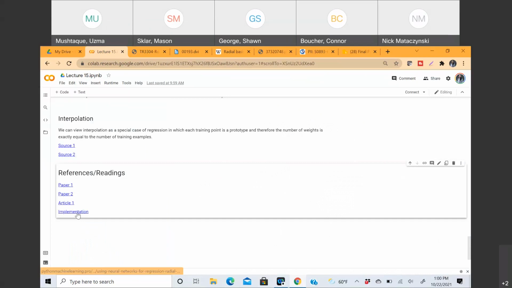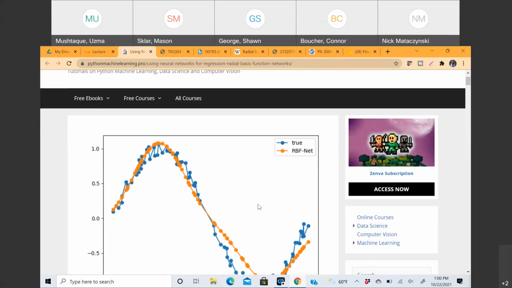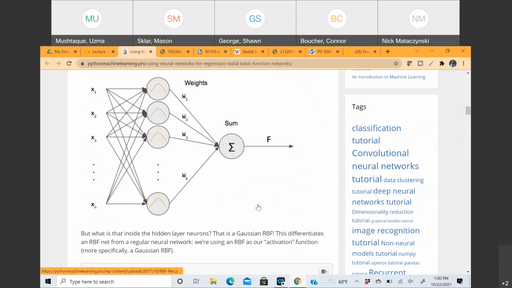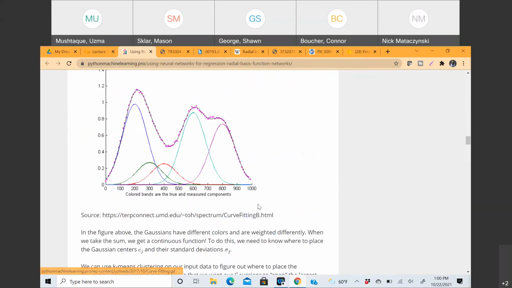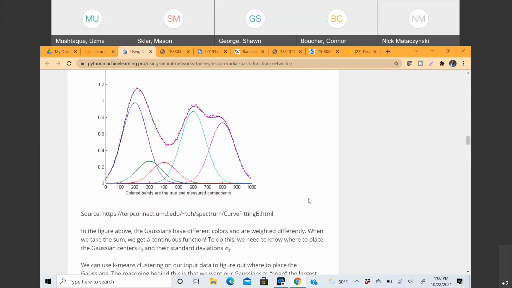And then finally, we have the implementation in Python. I think we already discussed all that. This here shows a linear combination of Gaussians to approximate almost any function.